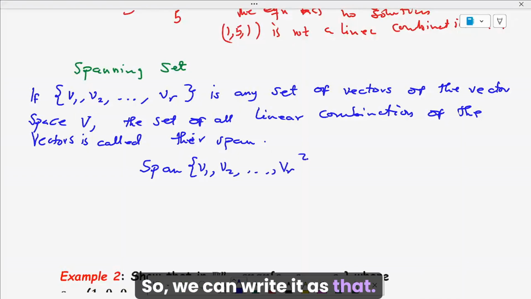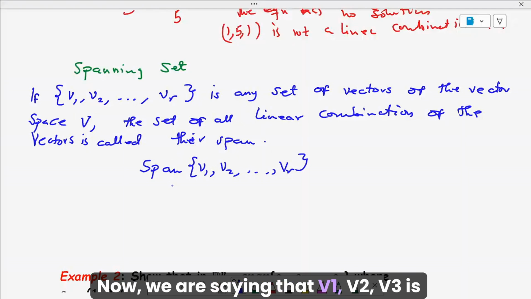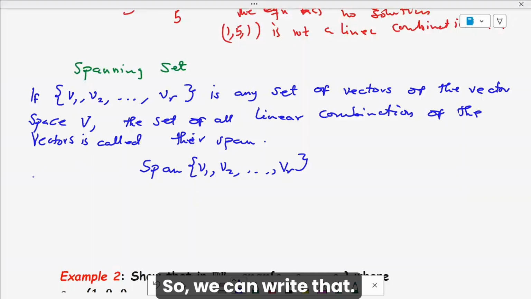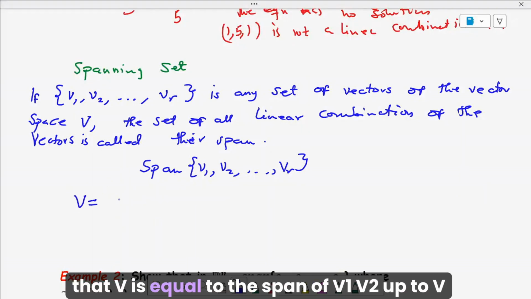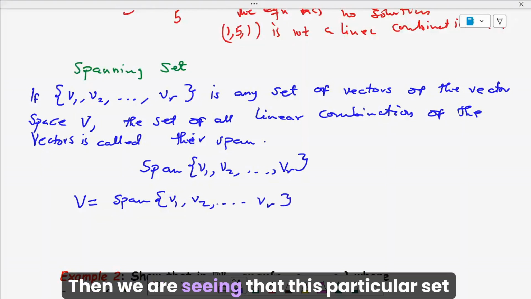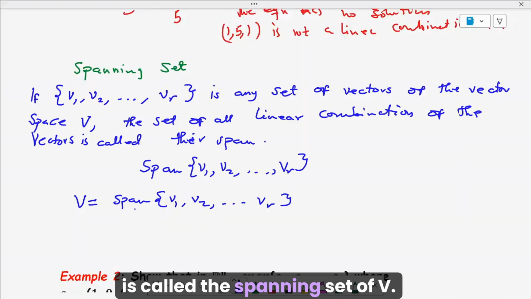Now we are saying that v1, v2, v3 is called the spanning set. So if V is equal to the span of v1, v2 up to vr, then this particular set is called the spanning set of V.